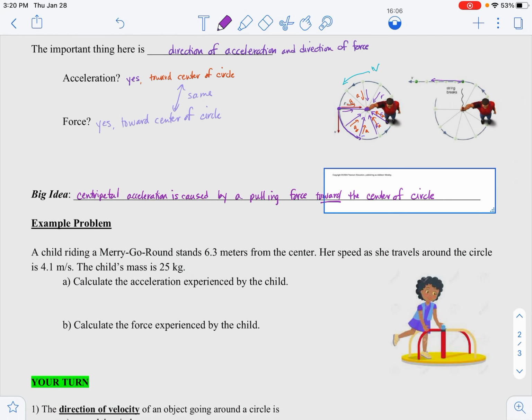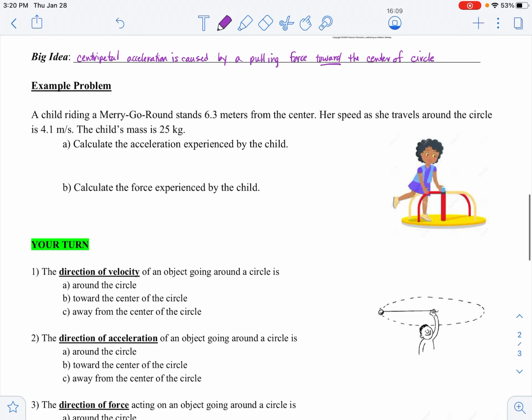Okay, so let's go ahead and we're going to do another example problem here. So I have a child riding a merry-go-round. The child is 6.3 meters from the center. What does that mean? That means right here, this distance right here, this is 6.3 meters from the center of the circle.